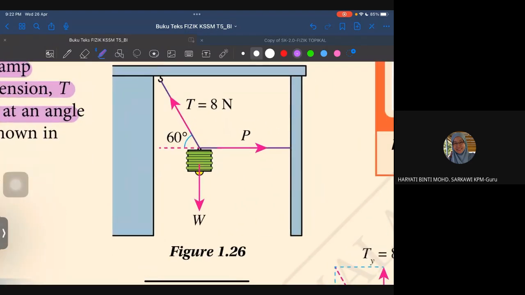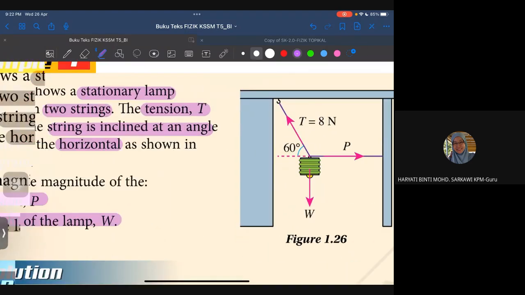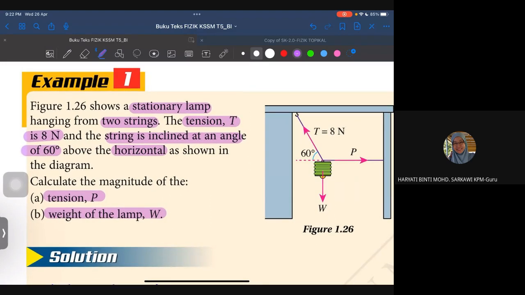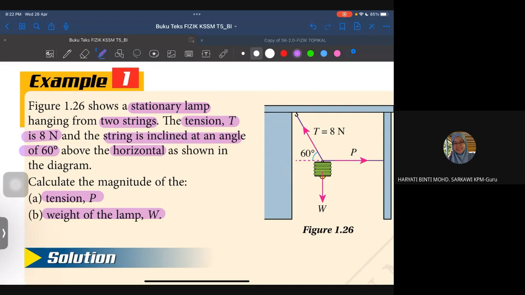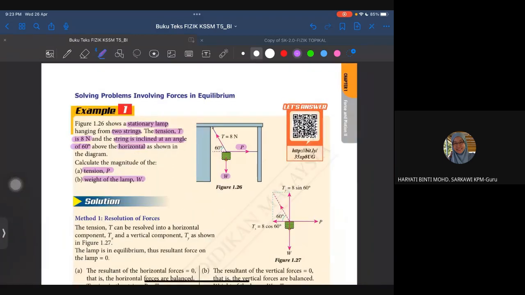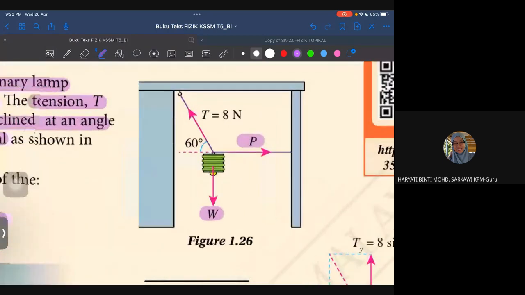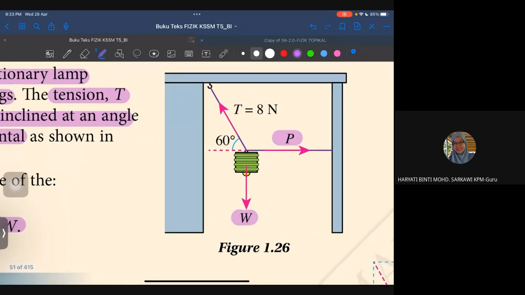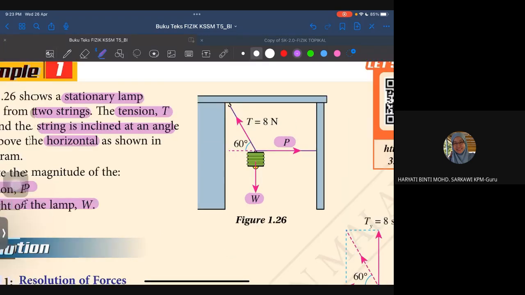Referring to this, they only give you the magnitude of T and then the angle. And they ask you to determine P and W. So there are two ways to determine this. One is by using diagram, another one is by calculation. Okay, so we look at the diagram first. First, you need to set the scale.